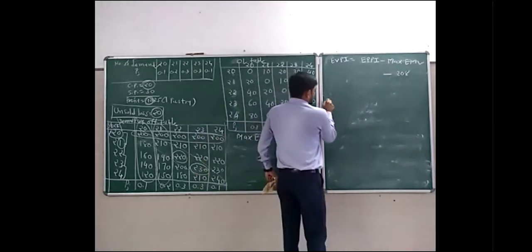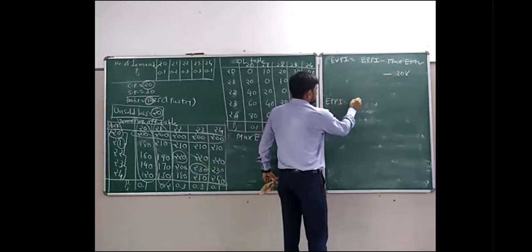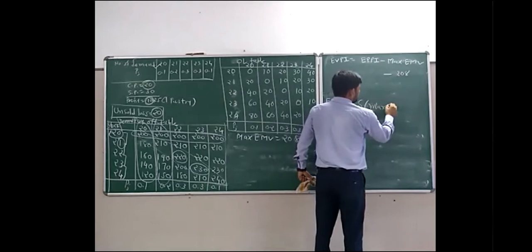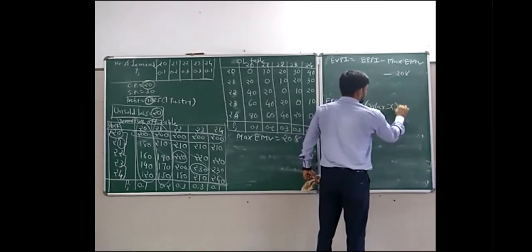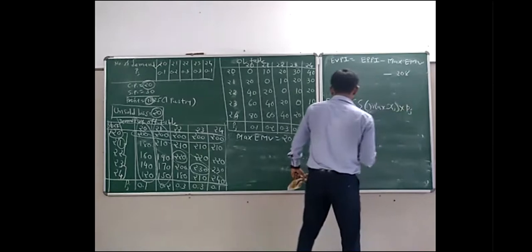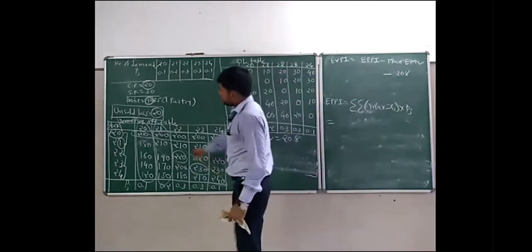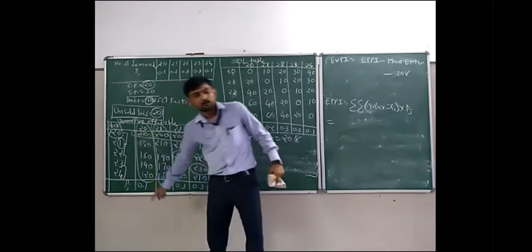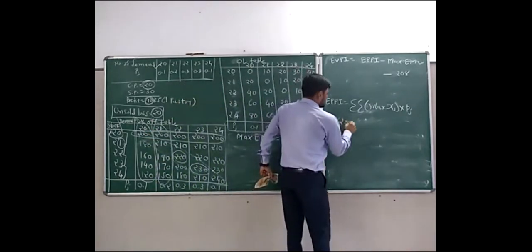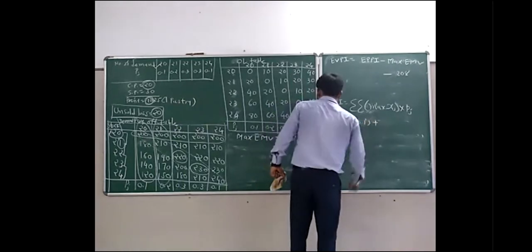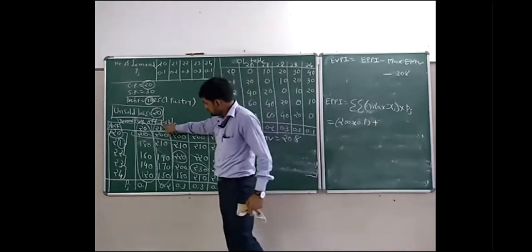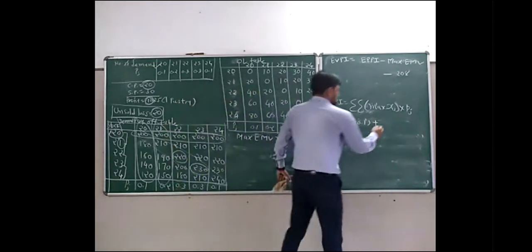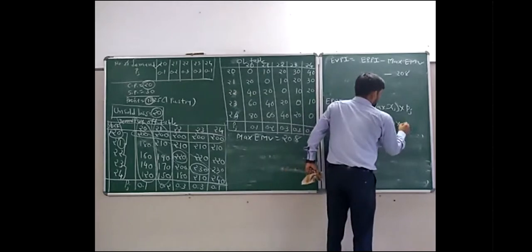Now we'll find EPPI. What is the formula of EPPI? Double summation or single summation, you can use maximum Xij into Pj. From the first state of nature, maximum Xij is 200 and Pj is 0.1, so 200 into 0.1. In the second state of nature, the maximum is 210 and probability is 0.2, so 210 into 0.2.